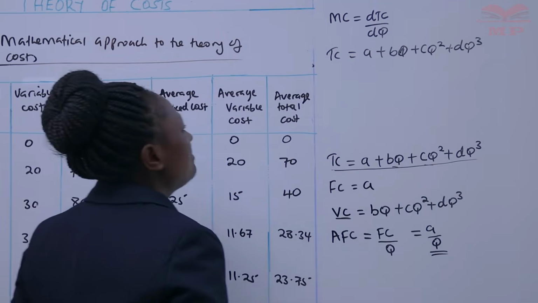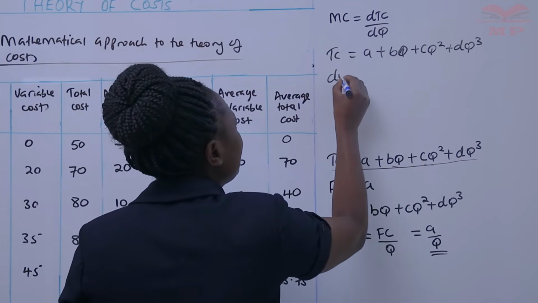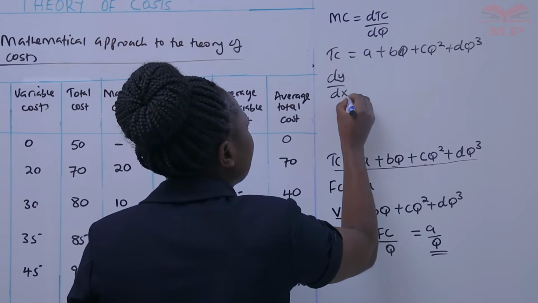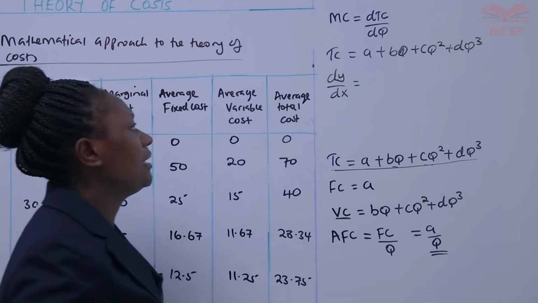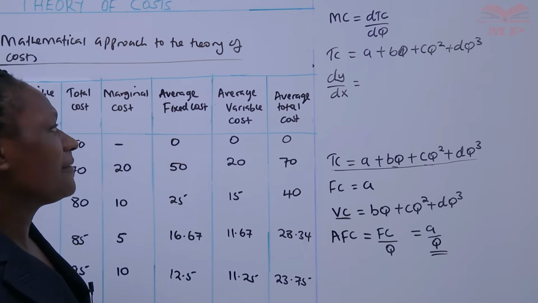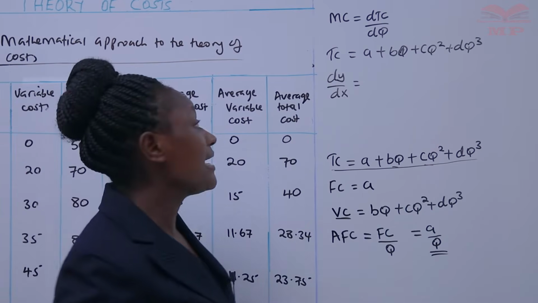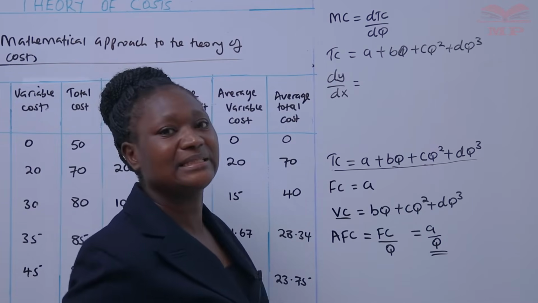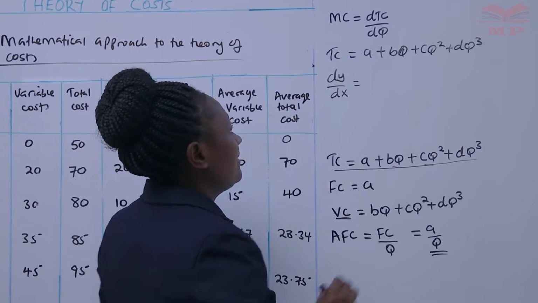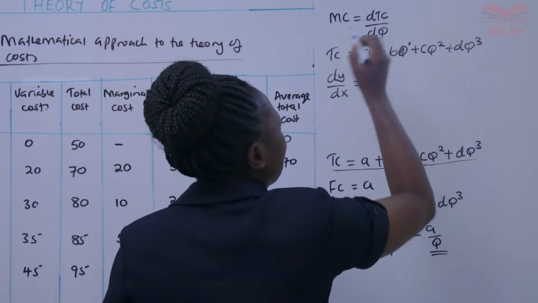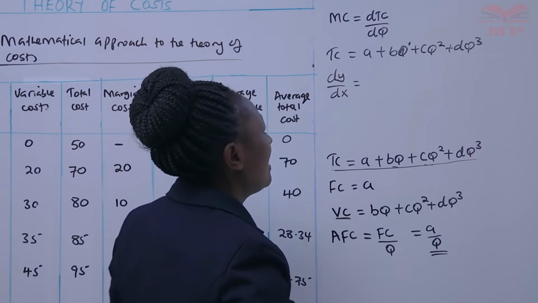Then to find MC, we are simply finding the dy over dx of the total cost function. And what will it be? I said that whenever we have a constant, that constant will automatically disappear. So A will not be there. Then Q is the same as Q raised to power 1.